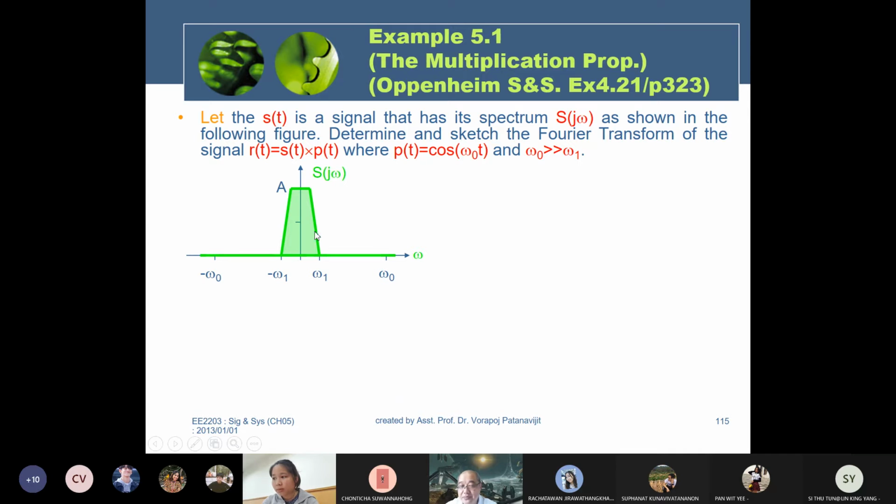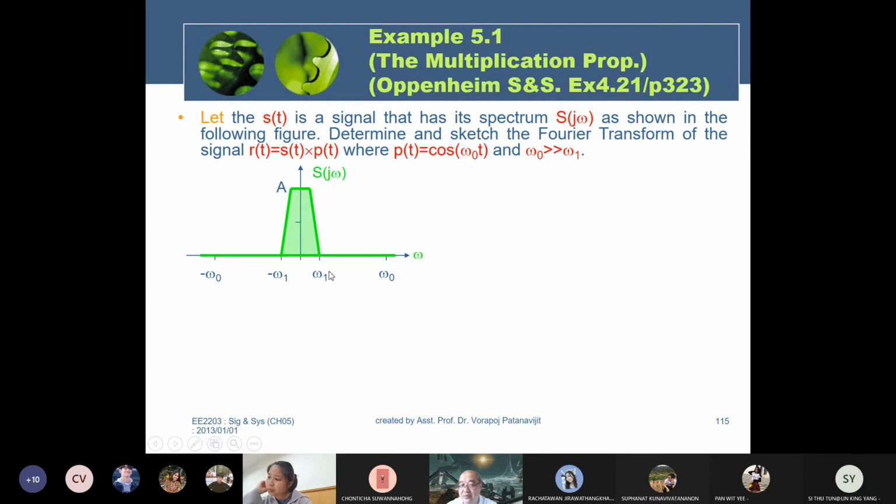Now, if s(t), with S(omega), is my voice, the voice that I would like to transmit in the communication field, let s(t) be the signal that has the spectrum in this form. My voice has frequencies with a maximum of 4 kHz at most.